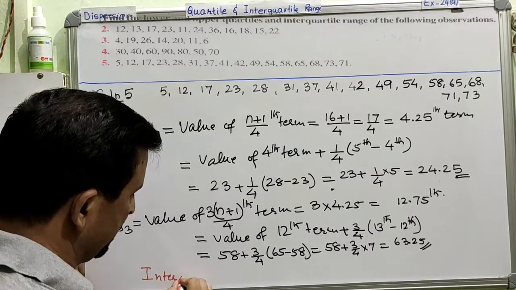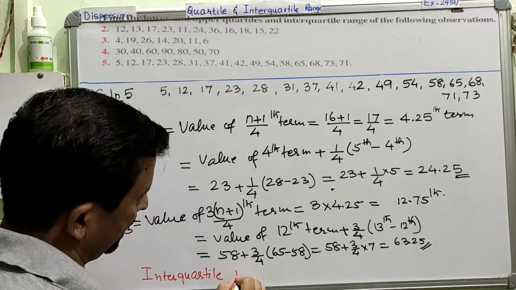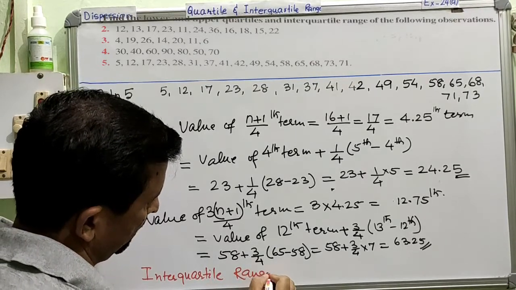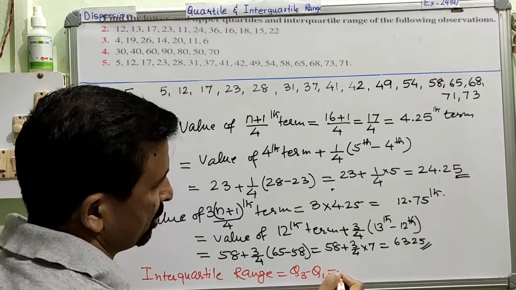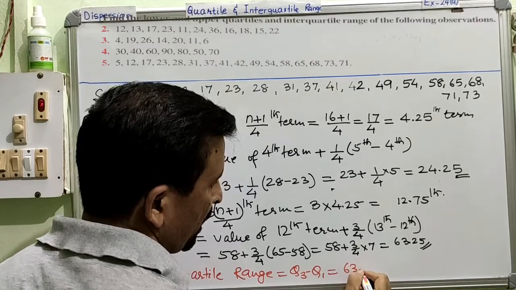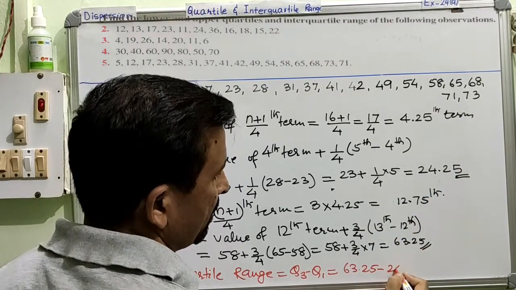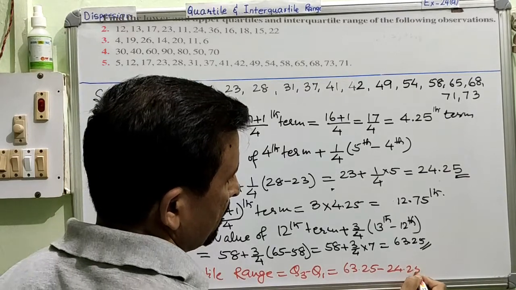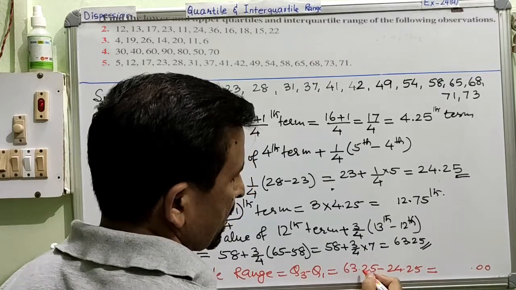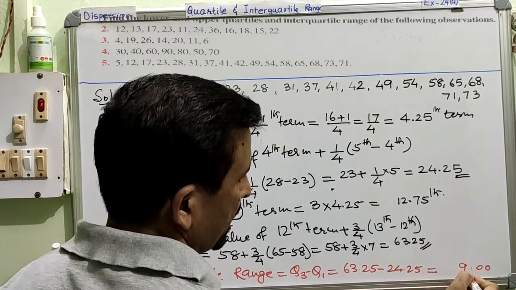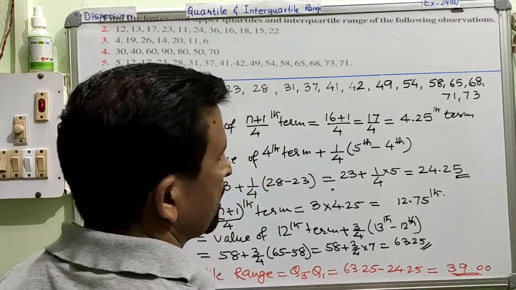Interquartile range is Q3 minus Q1, and Q3 is 63.25 minus Q1 is 24.25. So it is equal to 39. Now 13 minus 4, 9, and 5 minus 2, 3. This is your interquartile range.